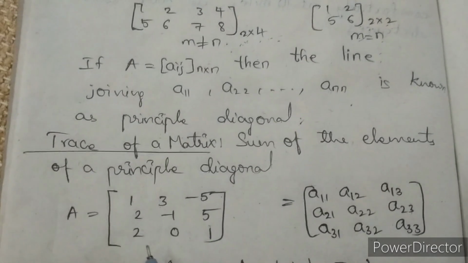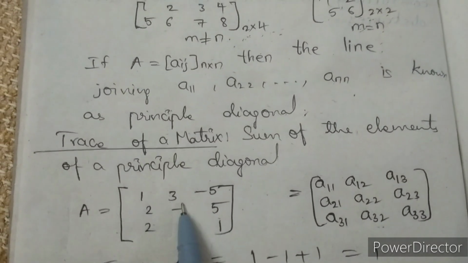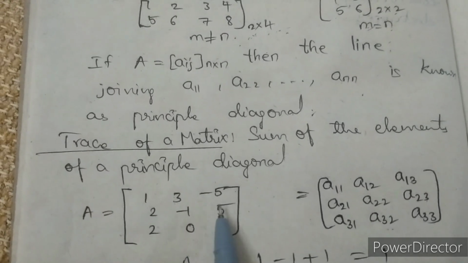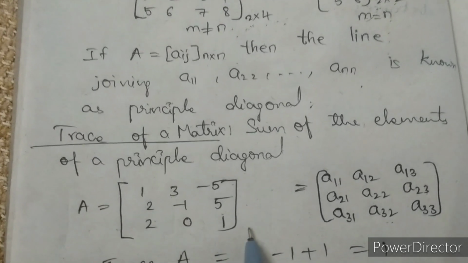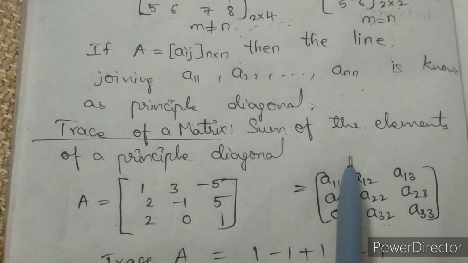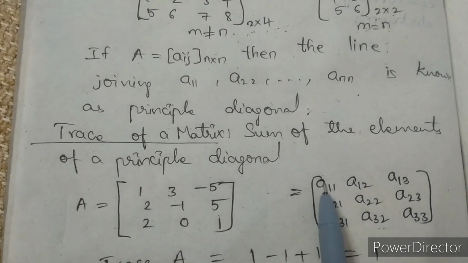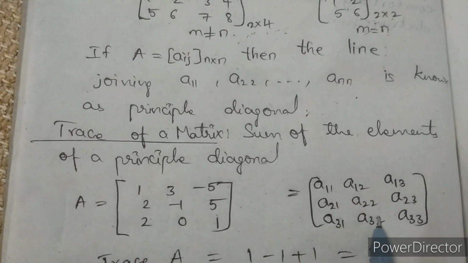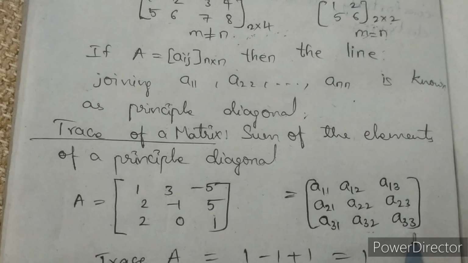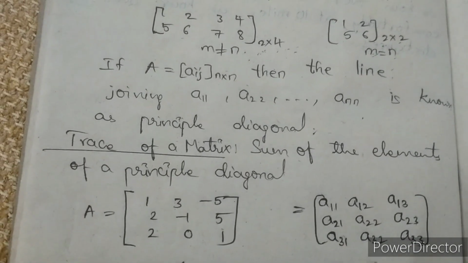Let's suppose A is a matrix, that is 1 2 2 3 minus 1 0 minus 5 5 and 1. It contains all these 9 elements. Here this is A11, then A22, then A33. All these 3 elements are called diagonal elements.